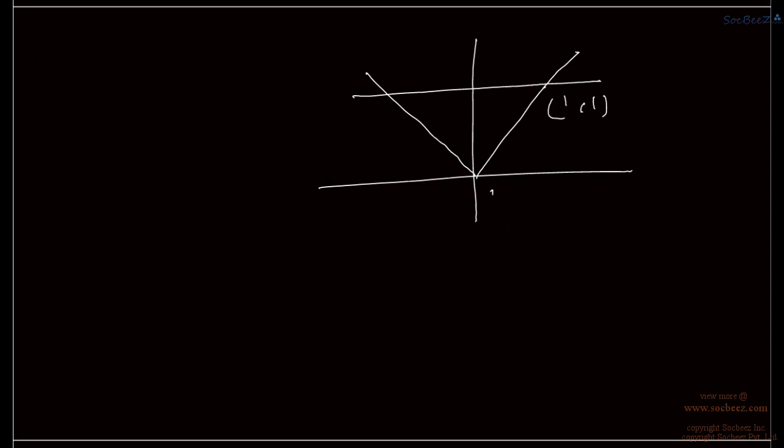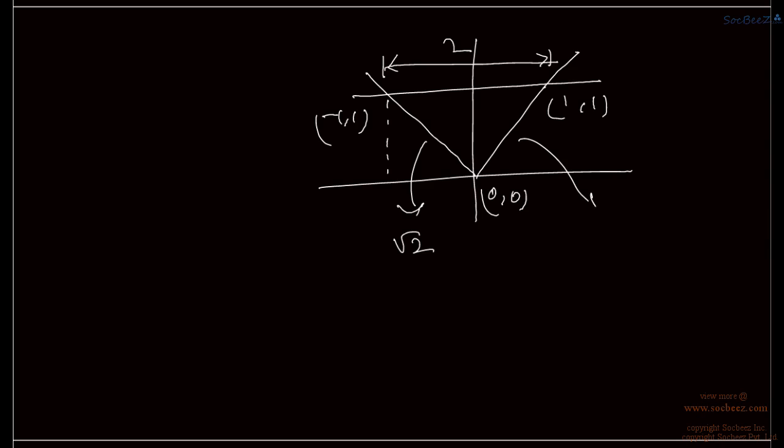We have the points 1 1, 0 0 and minus 1 1. The length of this side is 2 units, and this side is root 2 units, since this is 1 and this is 1, so 1 square plus 1 square under root, 2 units. Similarly this is also root 2 units.